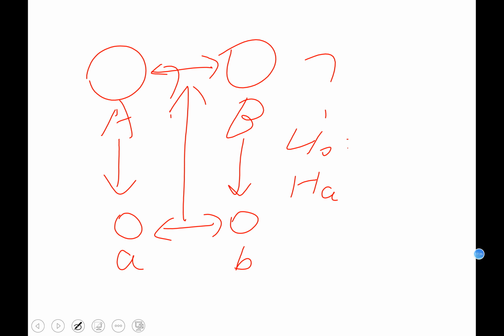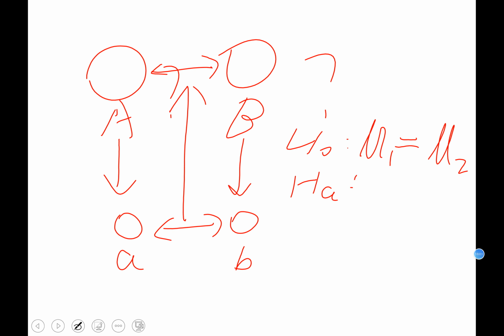So we can use mu1 to represent population 1 and mu2 to represent population 2. So H0 should be mu1 equals mu2. That means they are the same. There is no difference between the two populations.